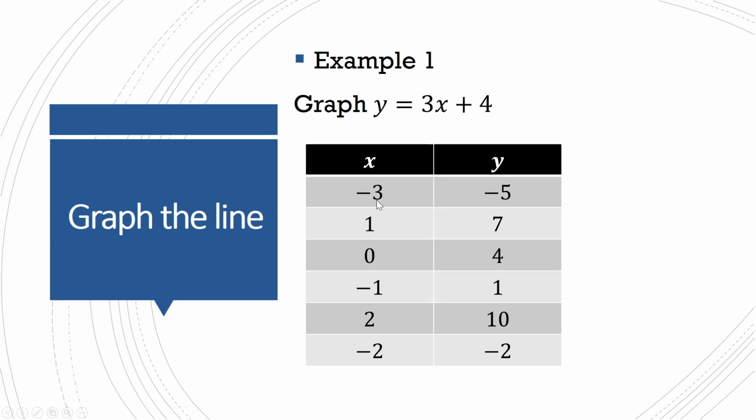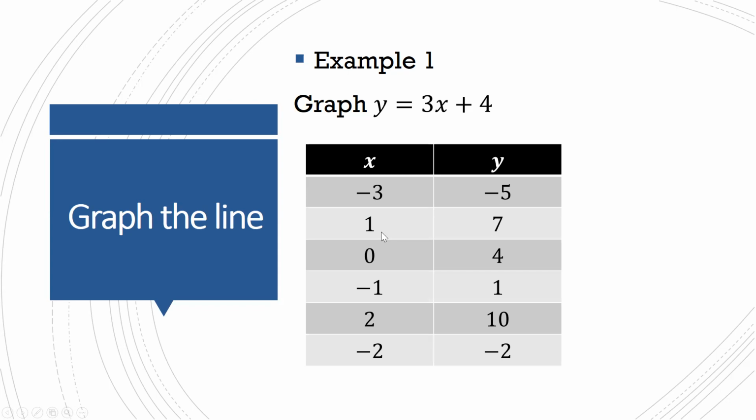If I plugged in an x value of -3, 3 times -3 plus 4 would yield a y value of -5. That means the point (-3, -5) is a solution to this linear equation. And that means the point (-3, -5) is a point on the line.